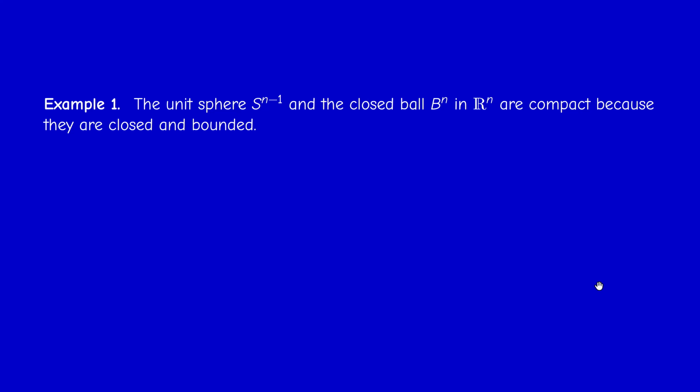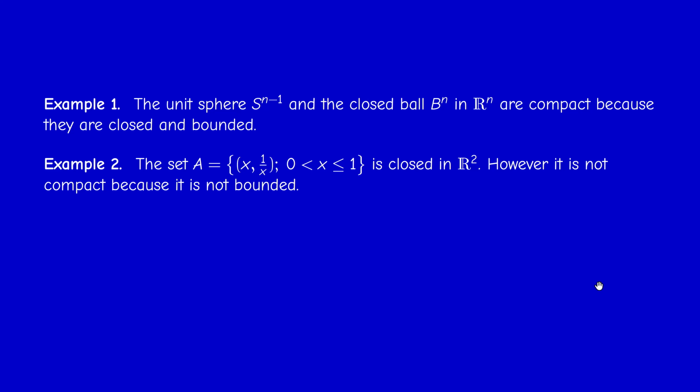And the sphere being a closed set is actually an interesting result because we have several ways to prove it. One way is to write it as the inverse image under a continuous map of a closed set. This is a good exercise to check that the unit sphere is closed. So this is the first example: the unit sphere and the unit ball are compact.